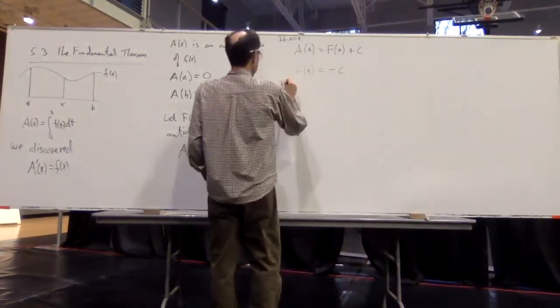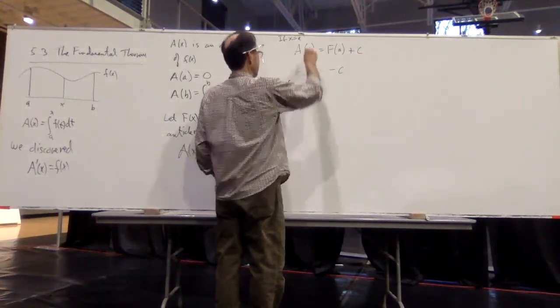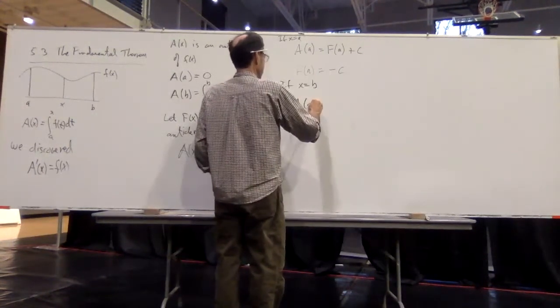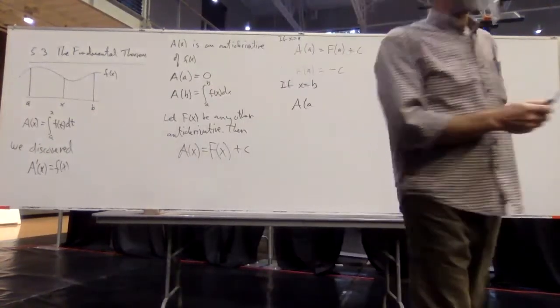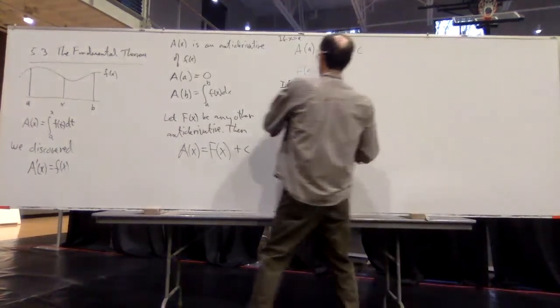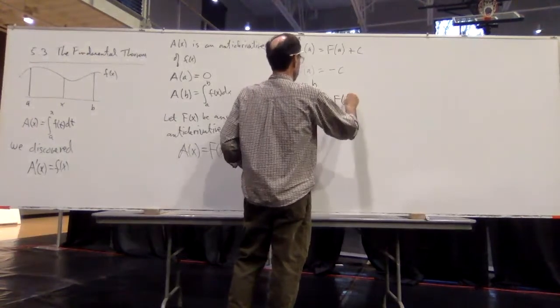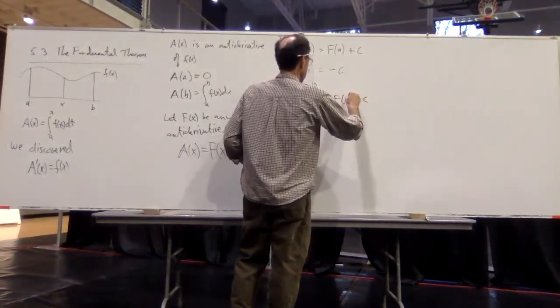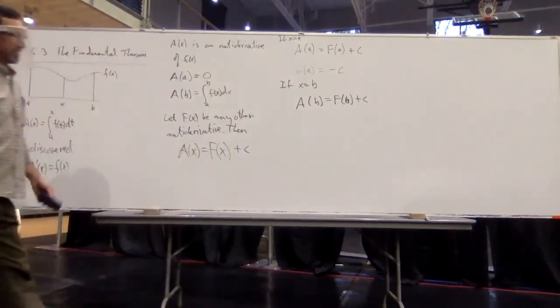If x equals b, then big A of b, we're plugging in b into our relationship.